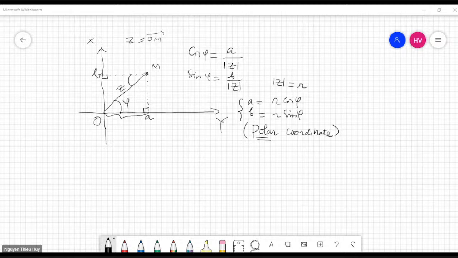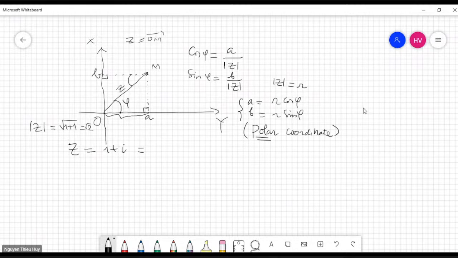Now I want to give you some examples. We have the formula in the slide already, so what you have to do is, for example, consider z equals 1 plus i, and we want to change it to polar form. Firstly we have to compute the modulus. This is the square root of 1 squared plus 1 squared, which is the square root of 2.